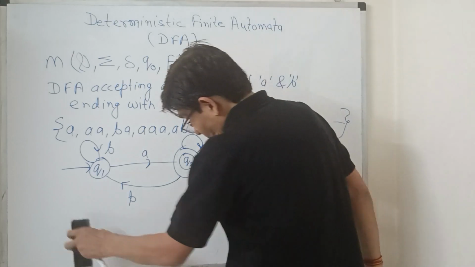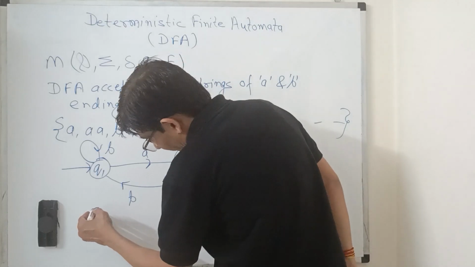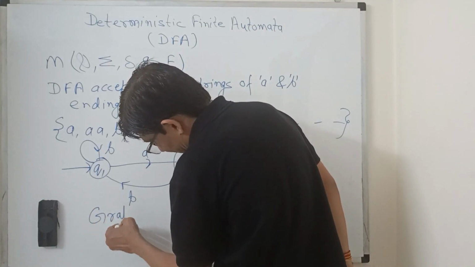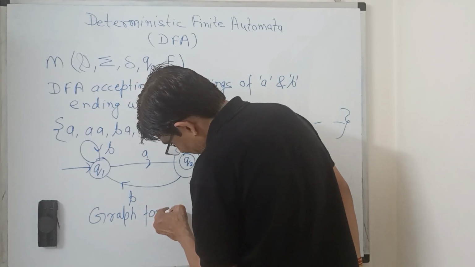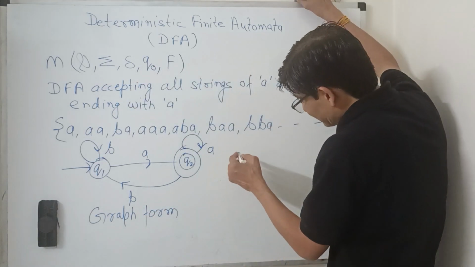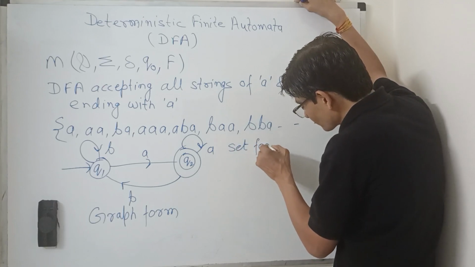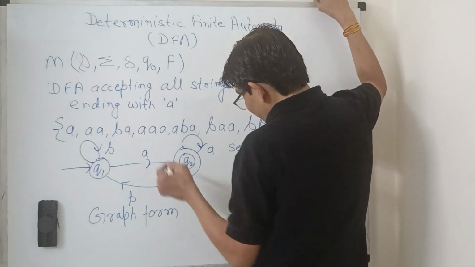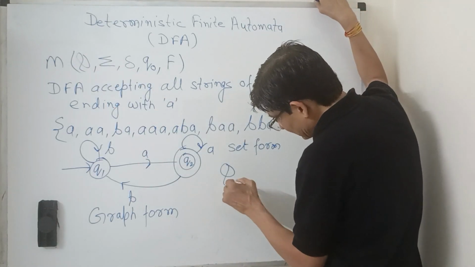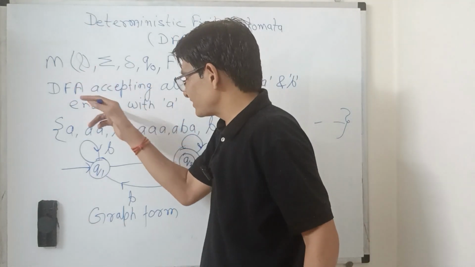Now see, this is the graph representation of the machine. In set form, the same machine can be represented as follows. You can see the first set, capital Q. Capital Q is the set of all possible states of the machine.